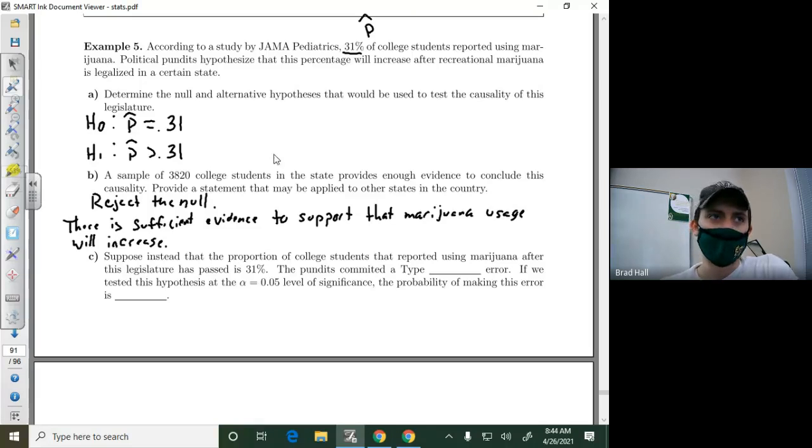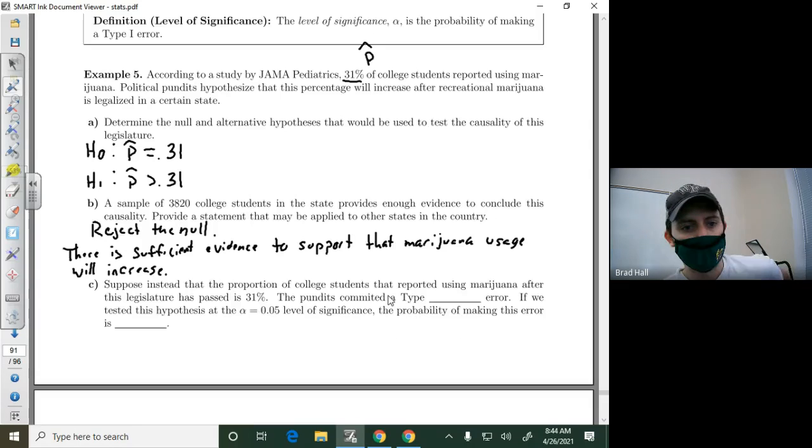There was no increase or decrease in the percentage of college students that reported using it. So that means the pundits made an incorrect statement. They thought that the percentage would increase and nothing happened. They committed an error. What kind of error did they commit? Is it a type 1 or a type 2?